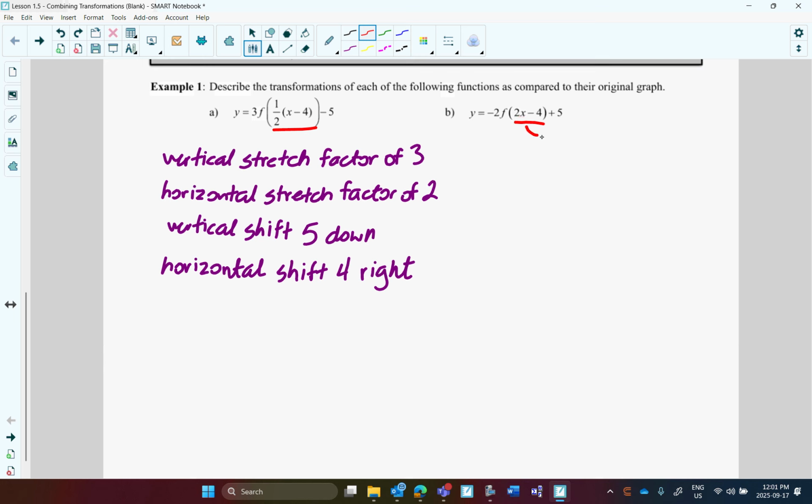So we have to factor this, and the way we factor is GCF. So what can I take out of these? 2, and I'm left with x minus 2. Notice the horizontal stretch is still the same.